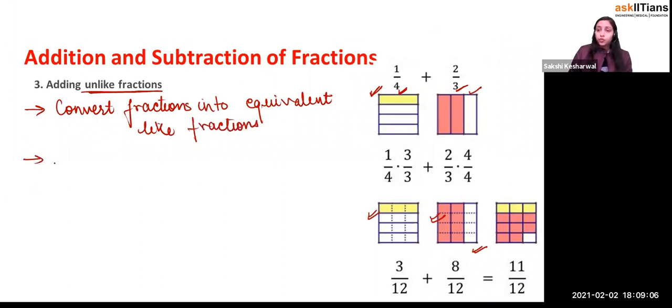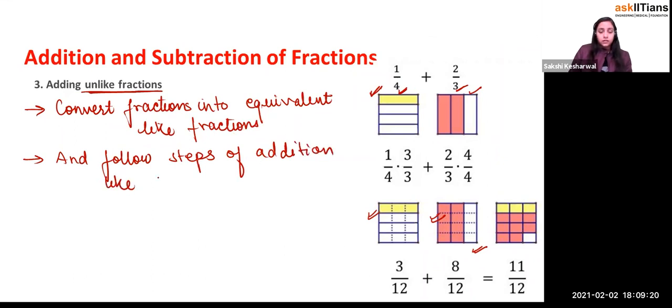And follow these steps of addition as like fractions. Yep. So follow the steps of addition as like fractions.